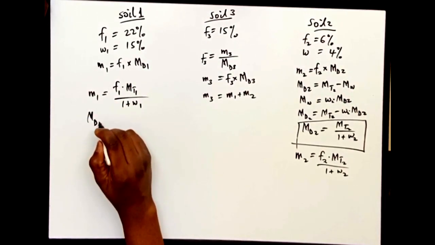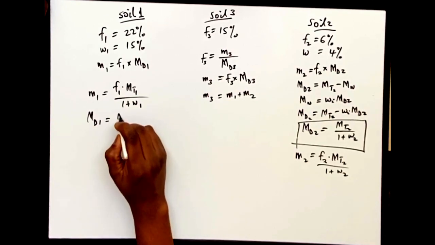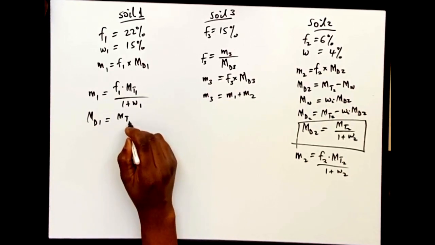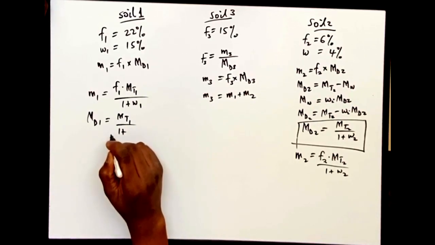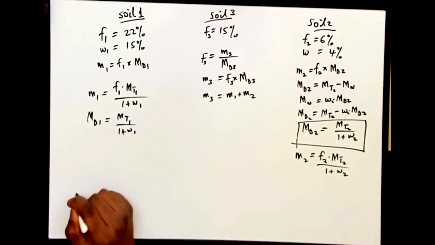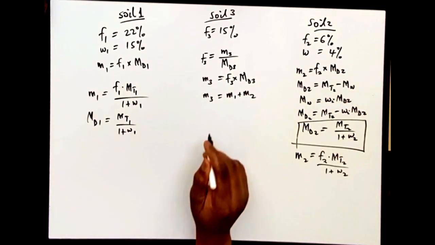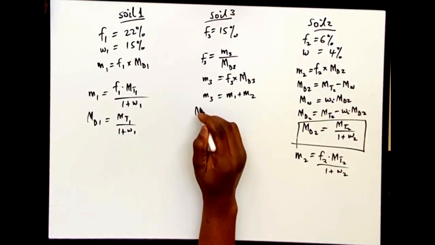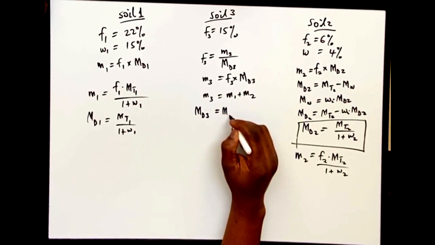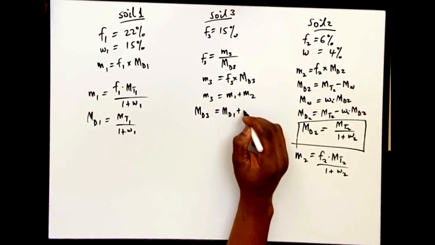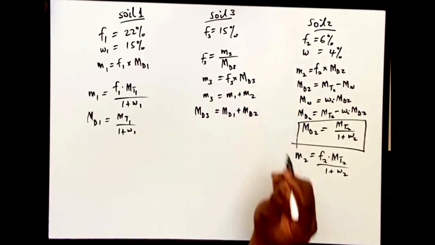The dry weight of soil 1 to be the total weight 1 over 1 plus the moisture content of soil 1. The reason I did that was because now we can write the dry weight of soil 3 as being the sum of dry weights of soils 1 and 2.